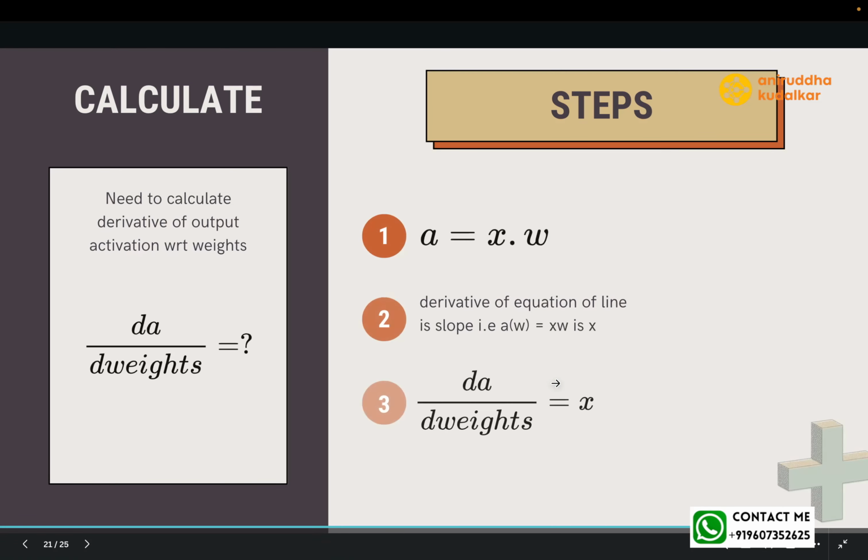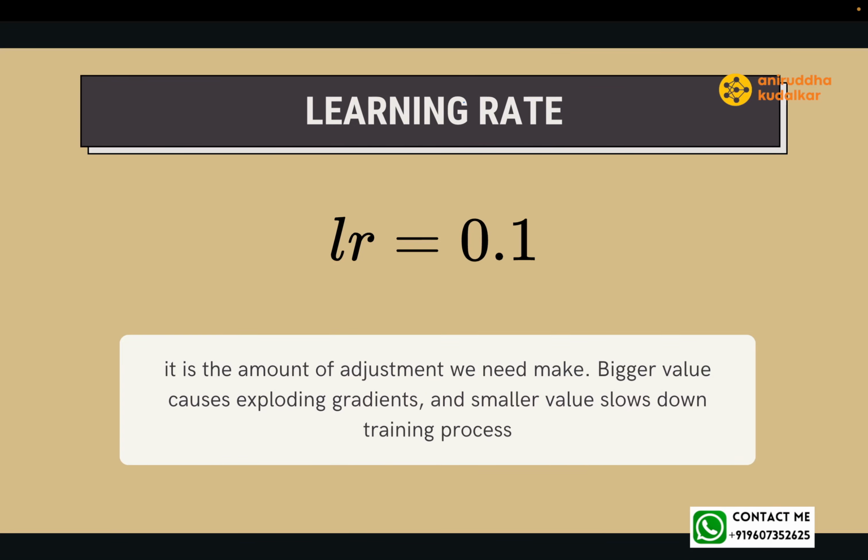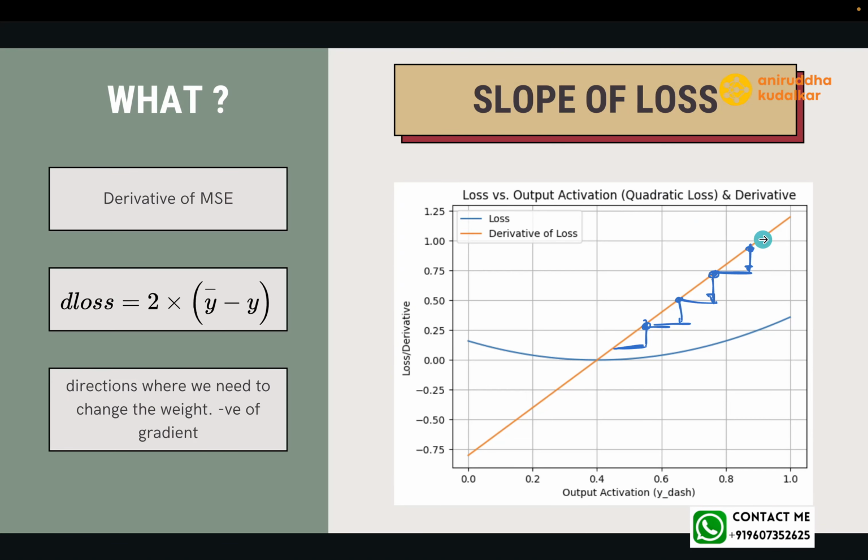Okay, so we have seen this point. Now one more thing is the adjustment. While coming down, the magnitude by which we need to make the adjustment is called the learning rate. You cannot directly come here and then go there, or you will miss this point.